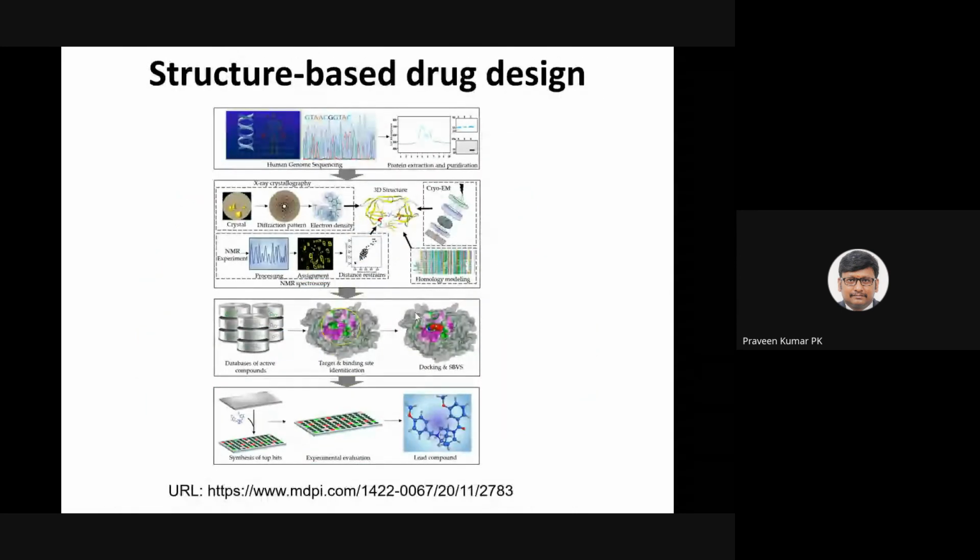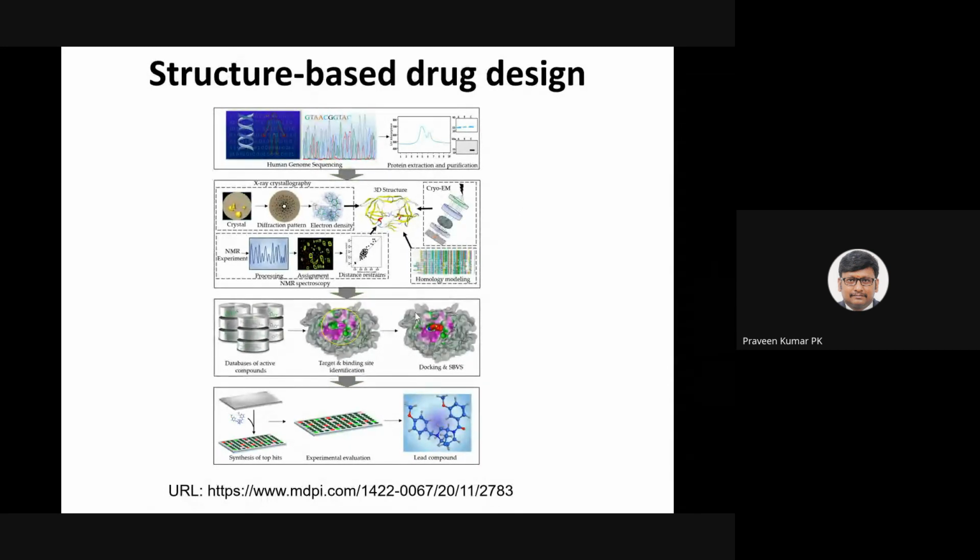Now, let me take you to structure-based drug design. Especially if you want to predict the structure of a protein, we have already discussed the gold standard techniques like X-ray crystallography, NMR, cryo-electron microscopy and X-ray diffraction. We have plenty of methods, isn't it?